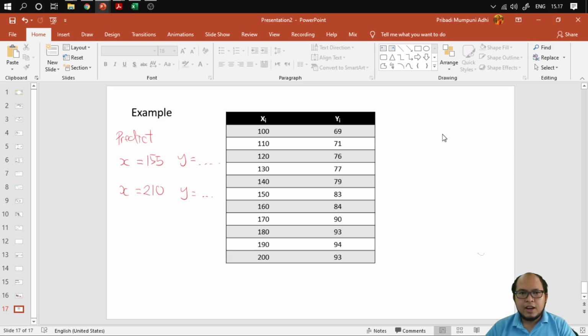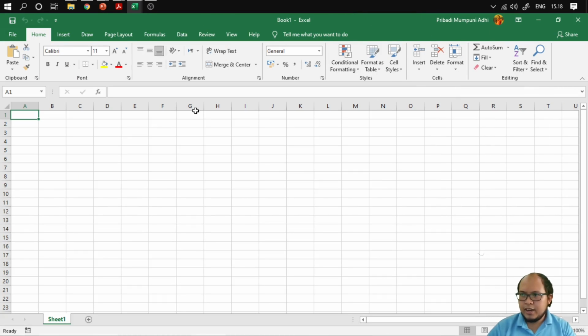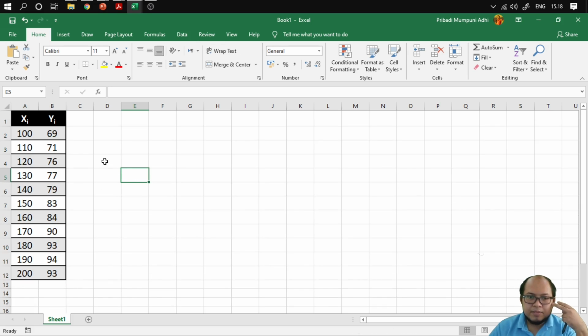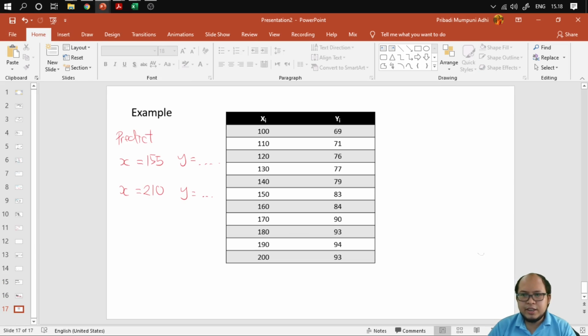So to do this, I will open the Excel file. Okay, and copy the value. I will have x from 100 until 200 and y till 93. Okay, to solve this problem, to find the linear equation, we can use the Excel file.